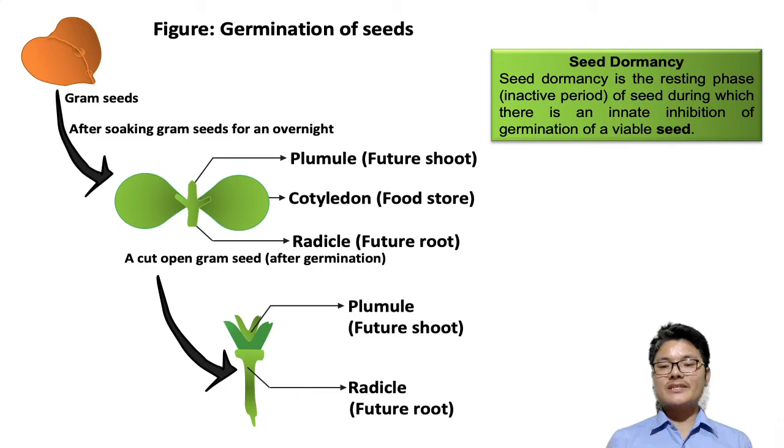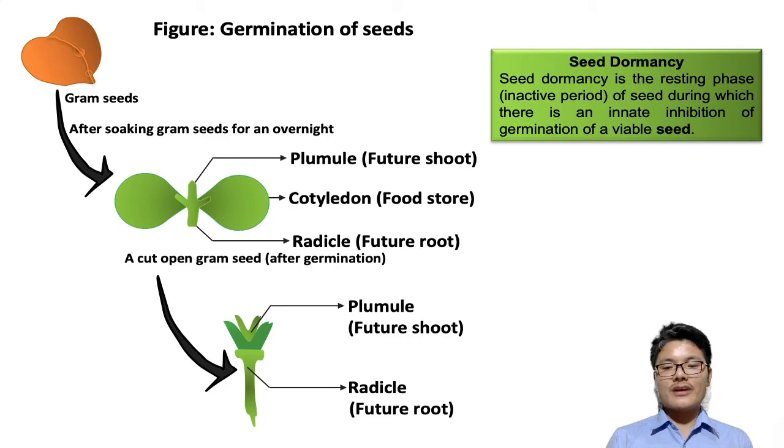Dormancy of seed here refers to a resting phase of the seed. Resting here refers to an inactive period or inactive time duration of the seed, and during that period seeds will be trying to stop it from germination.